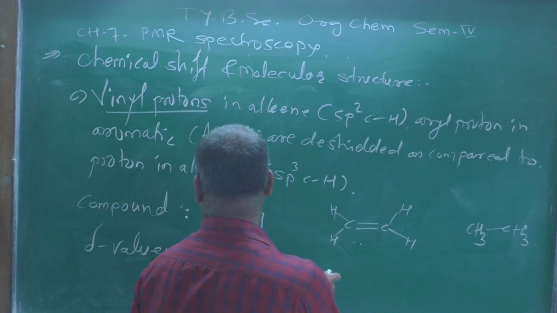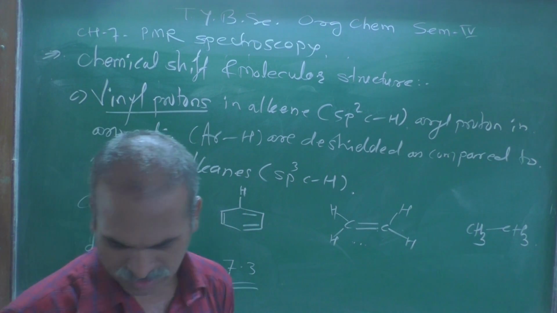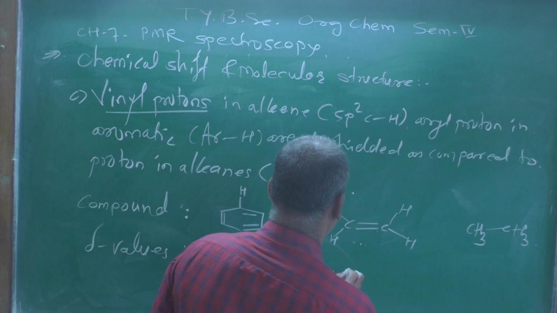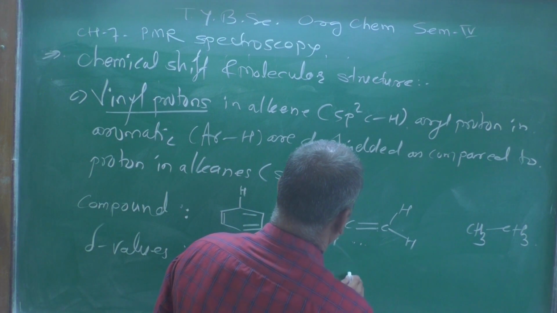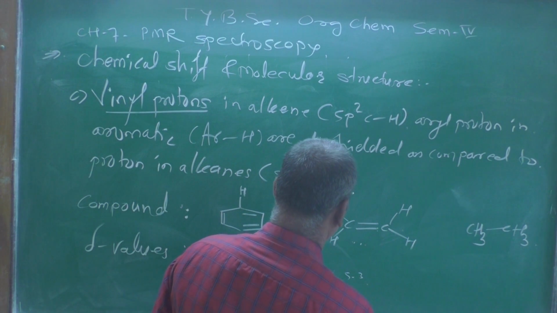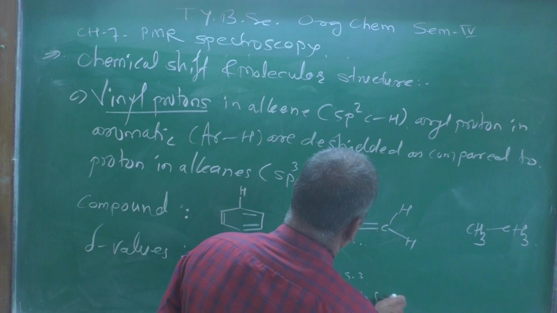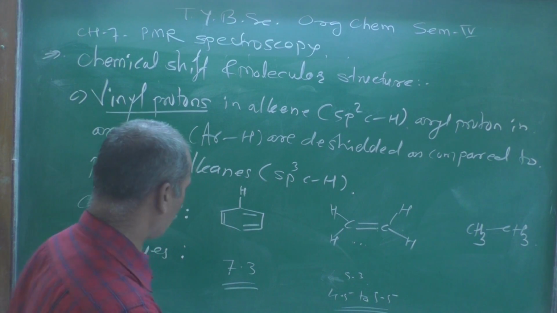The chemical shift value is variable, here given as 5.3, but generally 4.5 to 5.5. These are the olefinic protons present over there.